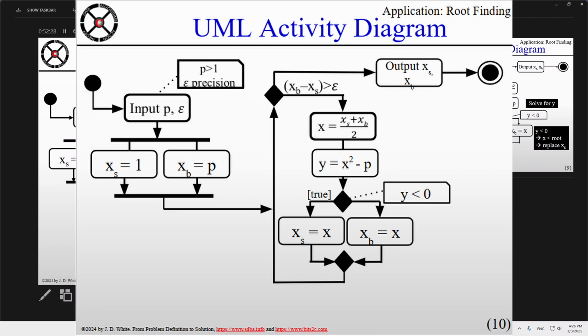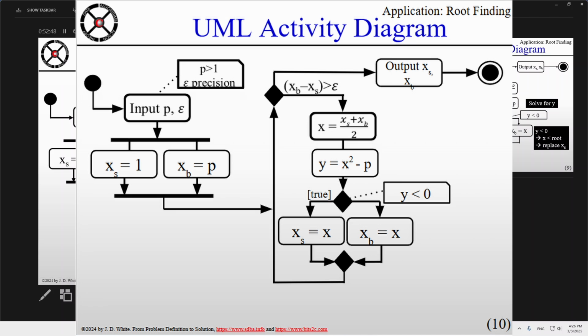And then finally, when I'm close enough, I will output xs, xb. So this is a bisection method for calculating the square root. There are a few other methods that may be slightly faster, but this is very reliable and will not break.